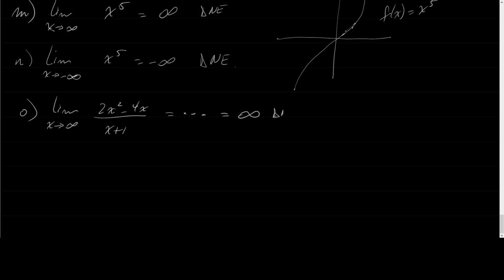In other words, it does not exist. And how do I know that? The degree on top is bigger than the degree on bottom. We're going towards positive infinity. It's all going to go to infinity. Okay. But what else can we get out of this? Well, let's see what we can do if we rewrite this using long division. So x plus 1 into 2x squared minus 4x.